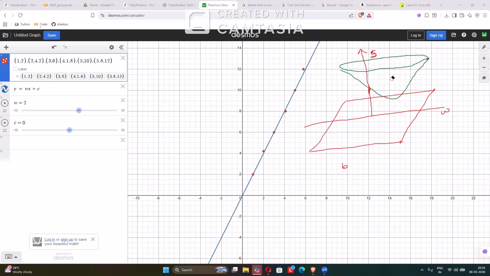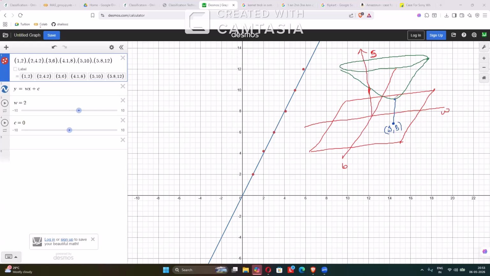So there are different possibilities. With the different possibilities, what do I have to do? I need to find a pair WB, which is giving W cap and B cap, right?